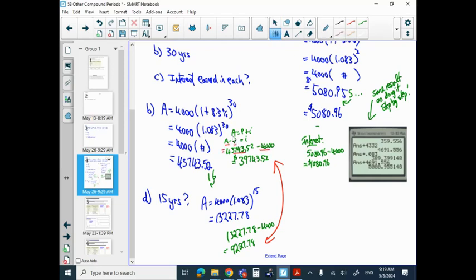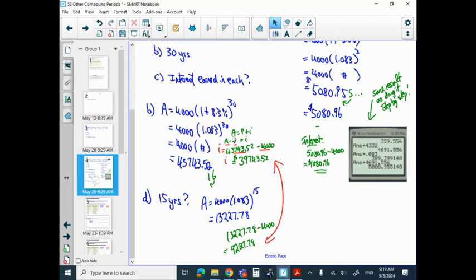In this case, after 3 years it's $1,080.96. After 30 years, okay. So that's just the work we've done so far.